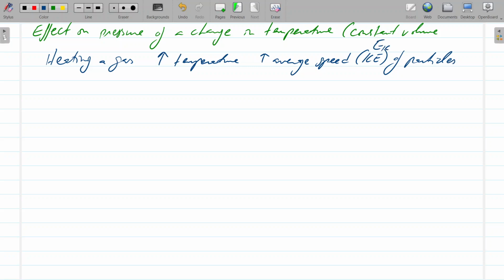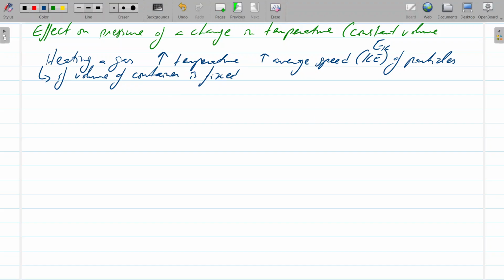Now, if the volume of the container is fixed, and what do they mean by the volume of the container being fixed?